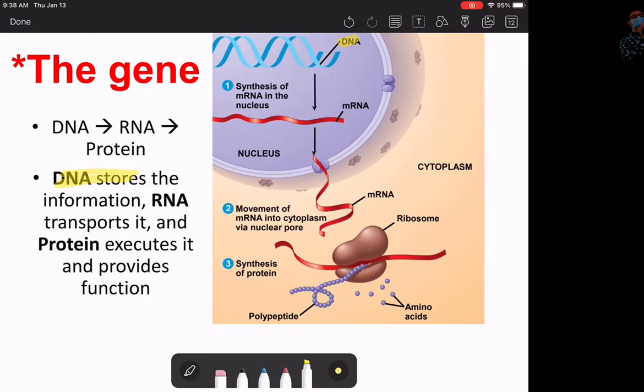You copy the page down into RNA, and that's going to get transported out of the safety of the nucleus. So RNA's role is simply to transport and copy the information from the genome.